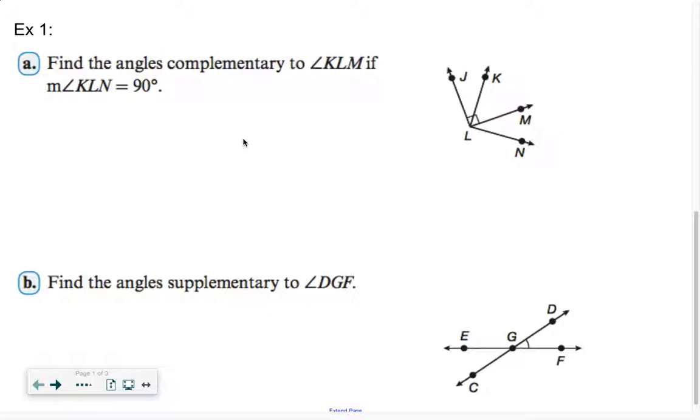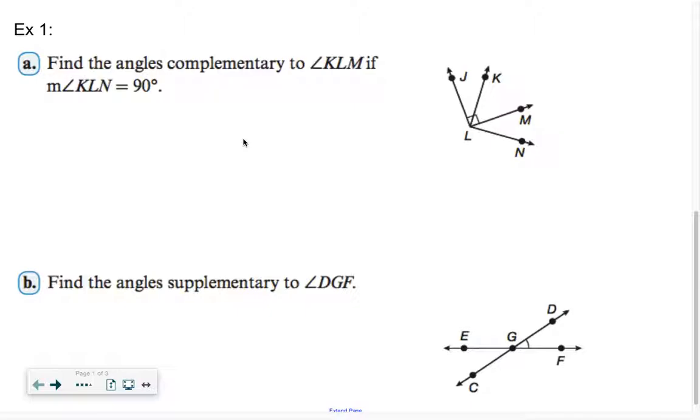On your own, I want to see if you can come up with the measure of KLM. Oh, sorry, not the measure, but the actual angles.